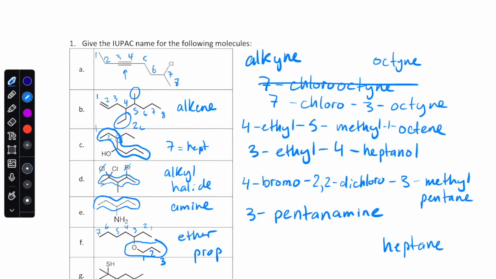But with the oxygen there, we call it a propoxy chain. So it's like a propyl oxy, which is shortened to propoxy. And then we say there's a propoxy chain on this heptane, and we have to give its position. And its position is on carbon 3, which is 3. Propoxyheptane is one big word.